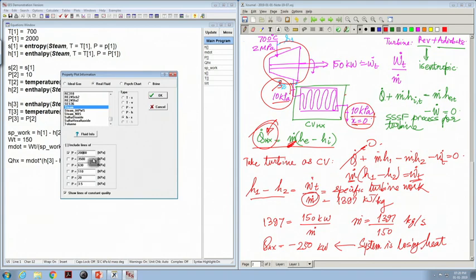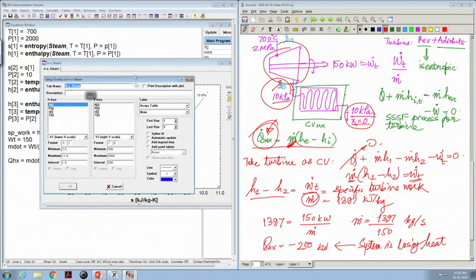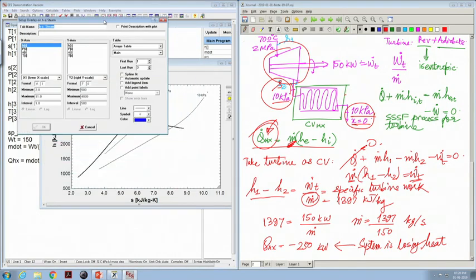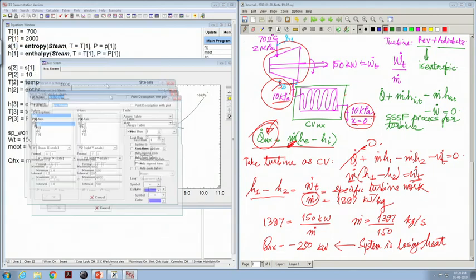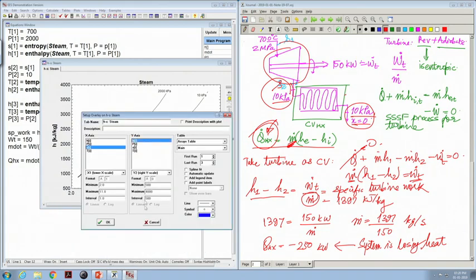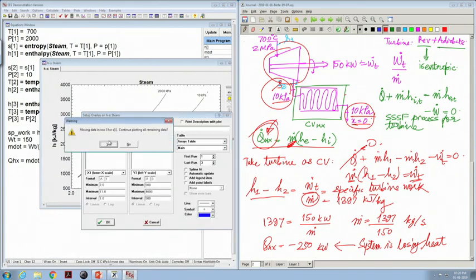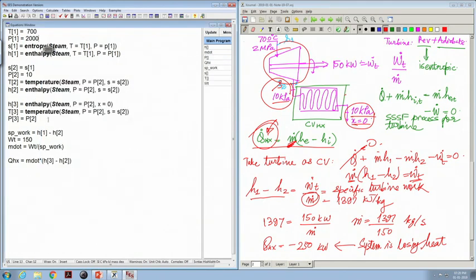This is 2 megapascal and we need another plot at 10 kilopascal. On the x axis we have the entropy, and on the y axis we have the enthalpy. Oh, we are missing a value. So, let me just quickly fetch S3.